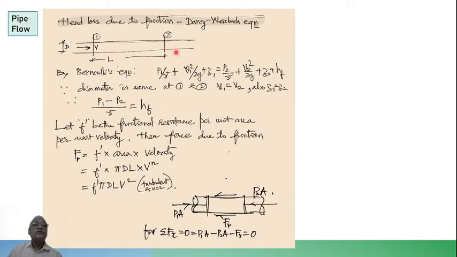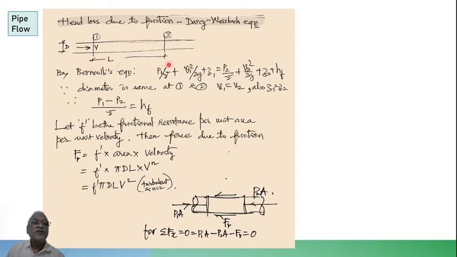Okay, head loss due to friction, or the Darcy-Weisbach equation. There is a derivation, we'll go through it quickly. It's not a big derivation, very simple. We have considered a pipe of diameter d. When you have a discharge, there is a velocity V. Because of the same diameter, V1 and V2 are the same.